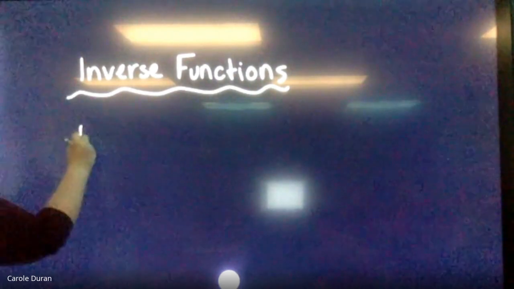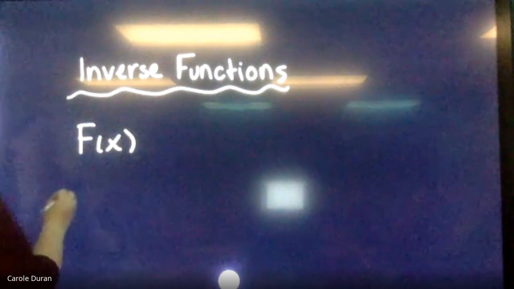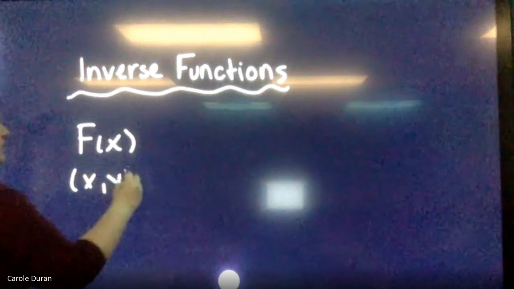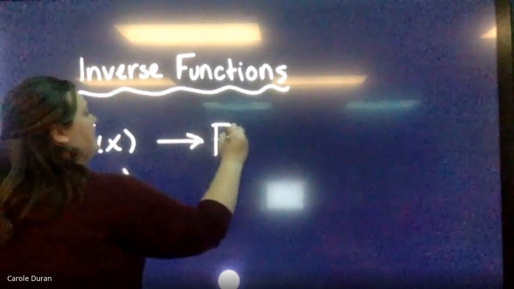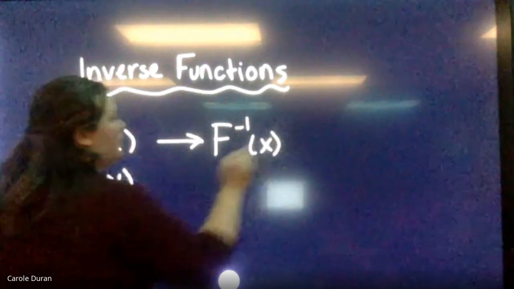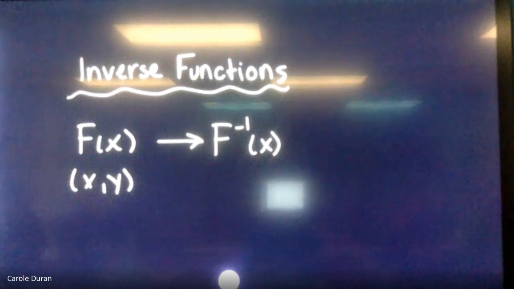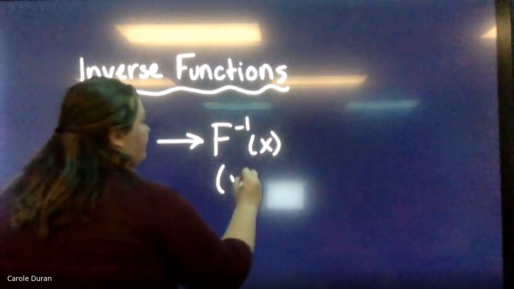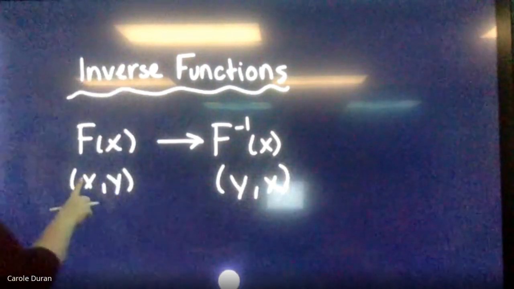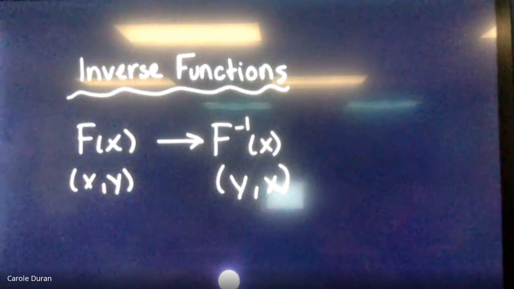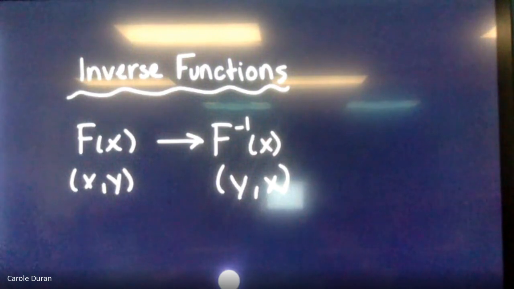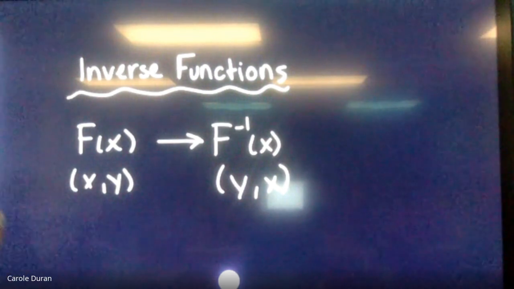So if I have an original function f of x that has points x and y, its inverse we say is f -1 of x. Its points then are flipped. So all the x's become the y's, and all the y's become the x's. So the domain and the range of my original function flip.